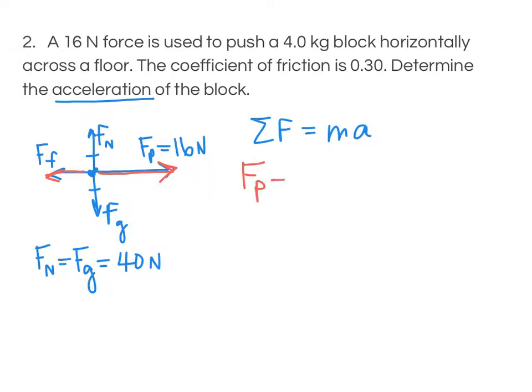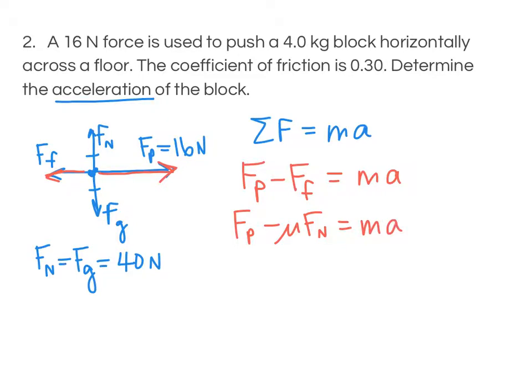This is a good habit to get into so I can handle any sort of situation. My applied force minus my frictional force equals mass times acceleration. And then I'll substitute in that the frictional force can be calculated by taking mu times the normal force.